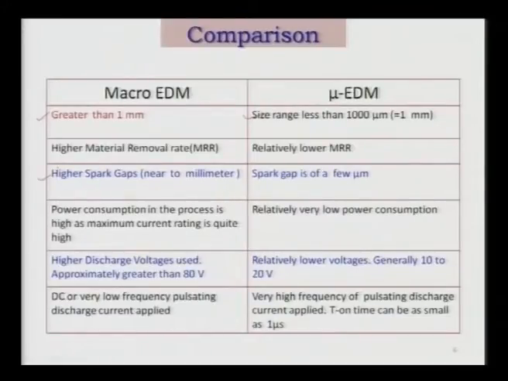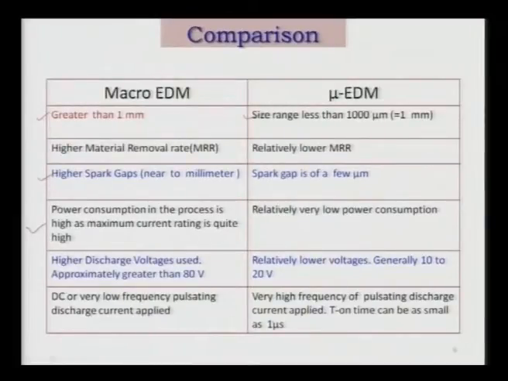Then higher spark gap: the gap between the tool and workpiece is normally larger, potential applied is also larger. So, the spark gap is also larger in macro EDM as compared to micro EDM. Power consumption in the process is definitely high in case of macro EDM compared to micro EDM.